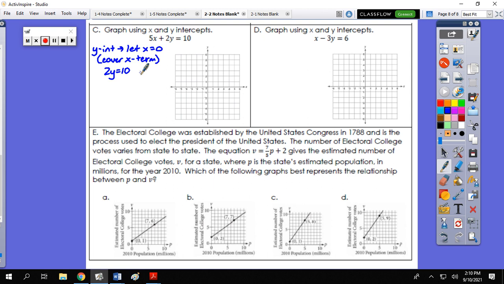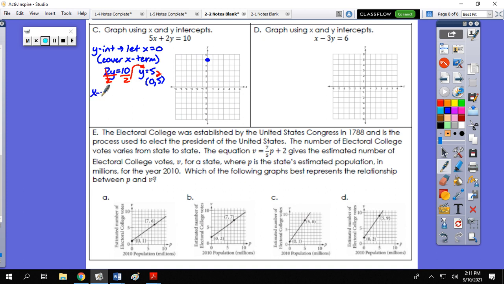Divide by 2, and we get y equals 5, which indicates the y-intercept is the point 0, 5. Which means we graph the point 0, 5. That point is on the line.